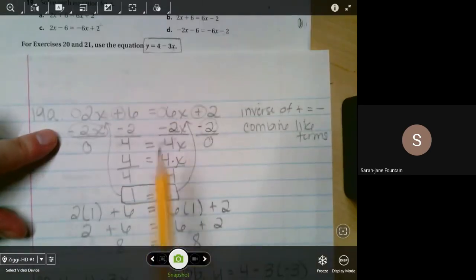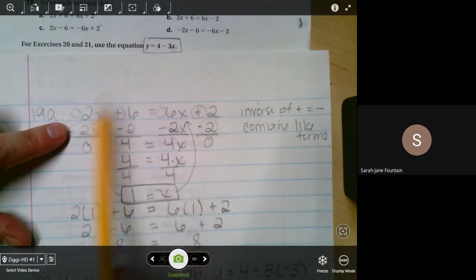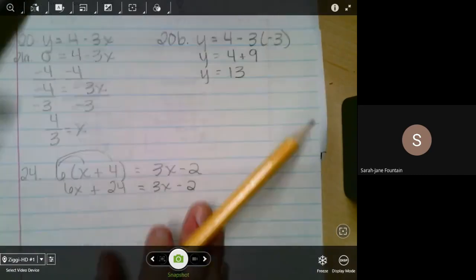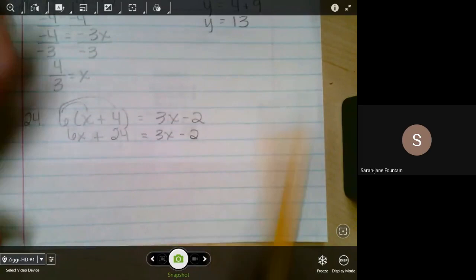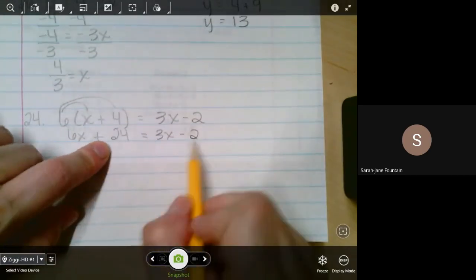Now remember what we did back up here on 19? We made sure that we did something with every single one of these pieces because there's 2 with variables and 2 without. So we're going to combine like terms. We have a 6x and a 3x and a positive 24 and a negative 2.